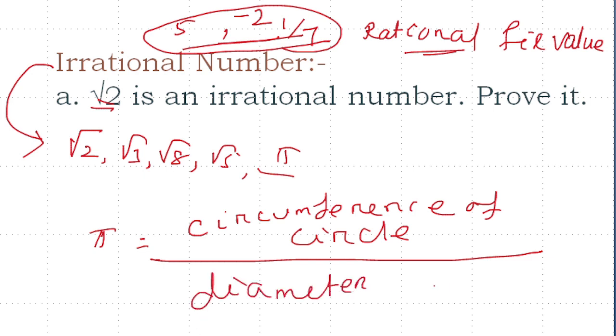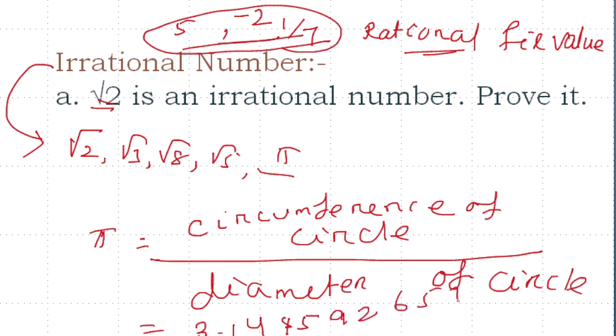Taking this in case of the earth, we got 3.1415 and 2653 more. Okay, up to 14 digits it is calculated till now. So it is not a fixed value, it is not complete anywhere. Because it doesn't have a fixed value, it is going under the irrational numbers.